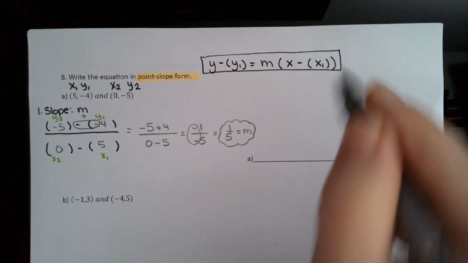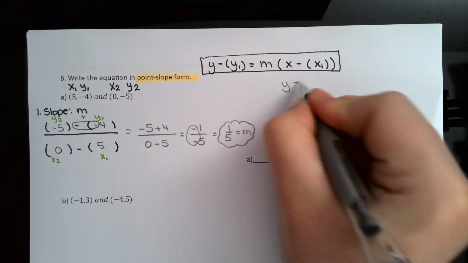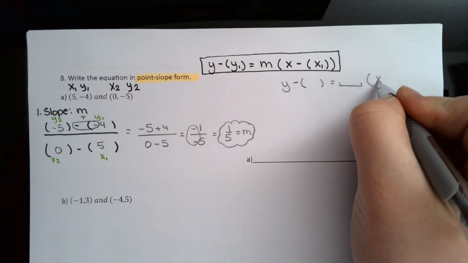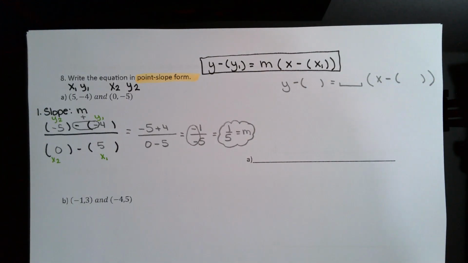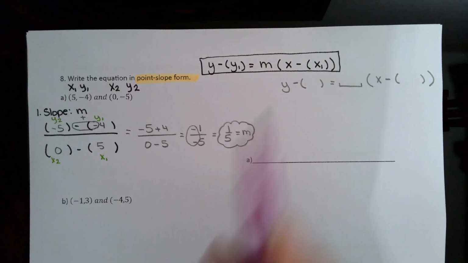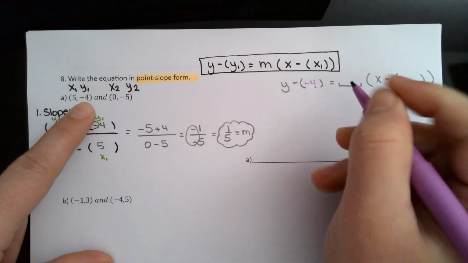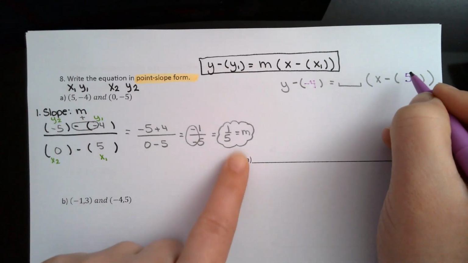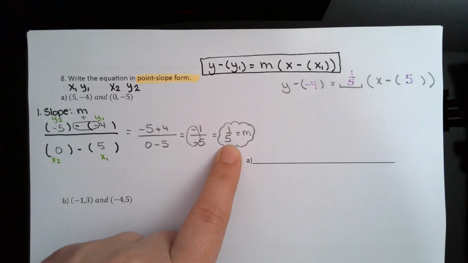Leave some space here. I'm going to write on top. So when we have our formula, y minus y1 equals m open x minus open x1, we're going to be putting in the y1, which is -4, x1, which is 5, and then the slope that we solved for of 1/5.